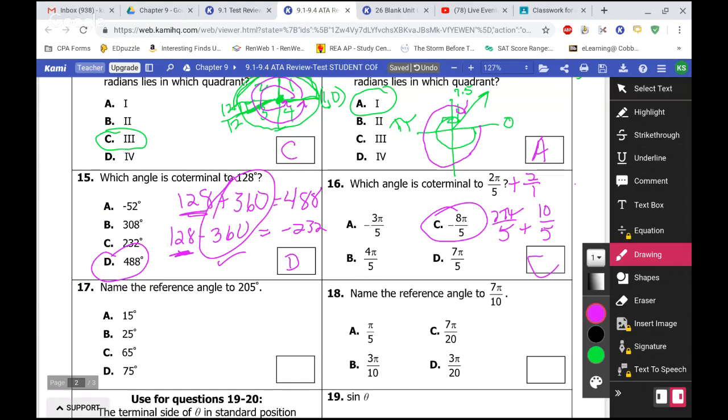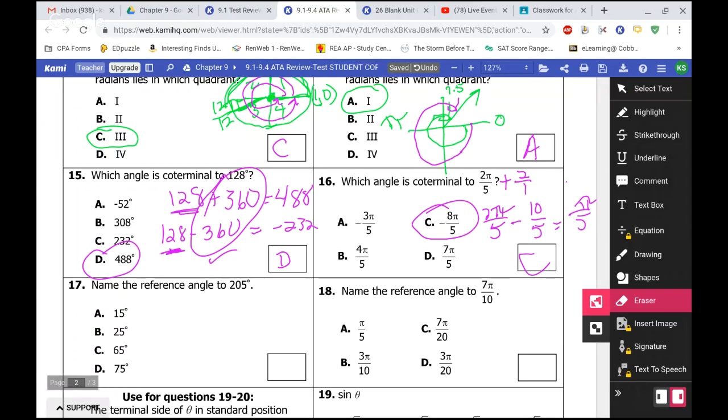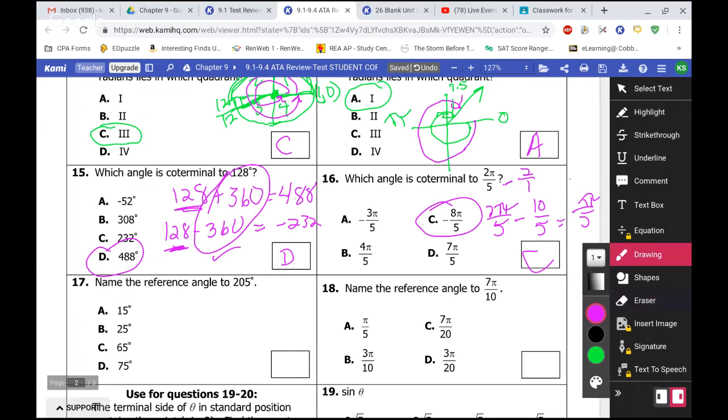So this is the equivalent fraction to 2, so 12 pi over 5. If I were subtracting 10 pi over 5, which is the equivalent, then I would get negative 8 pi over 5.